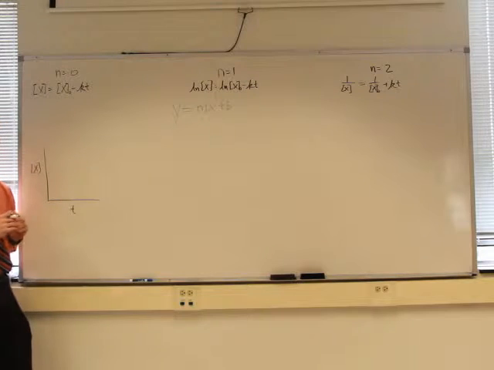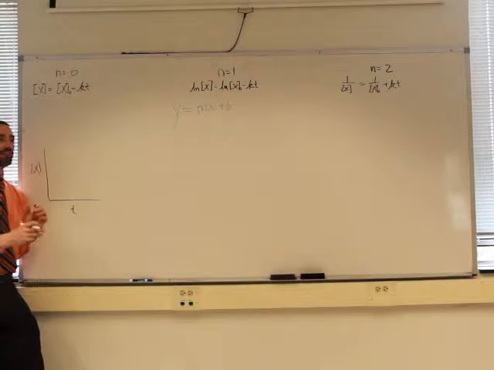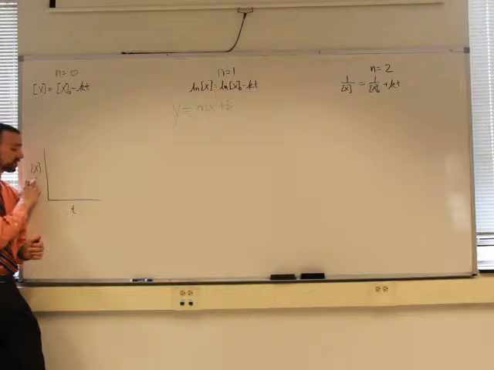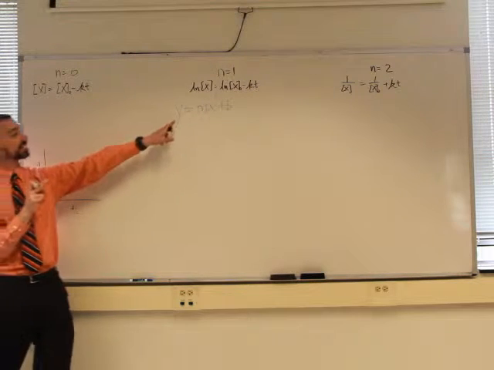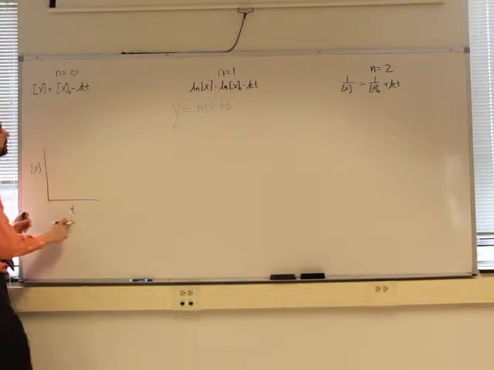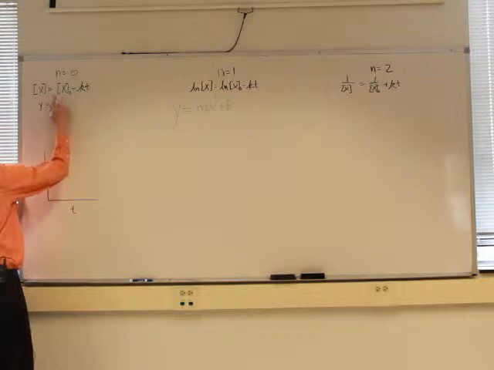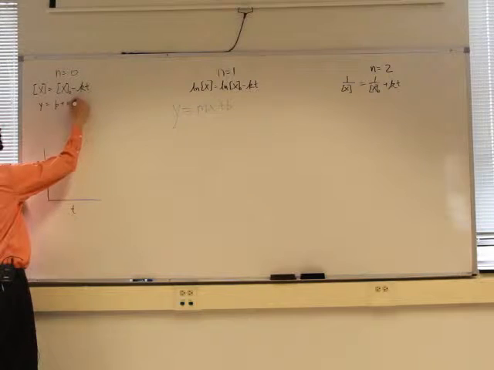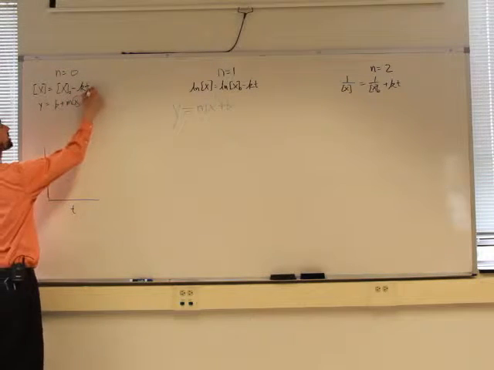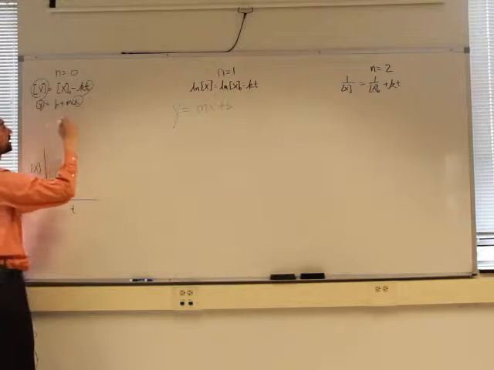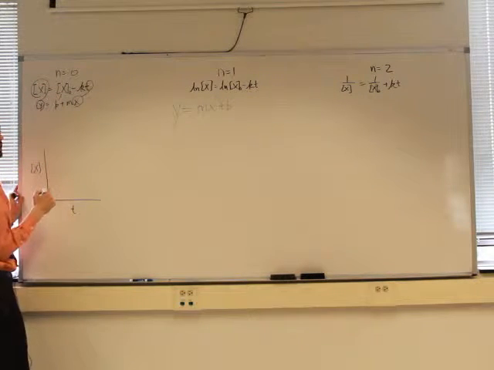So if you follow a reaction and follow the concentration of your reactants at a bunch of different times, and make a graph of concentration on the y-axis versus time on the x-axis, can you see that your x variable is time, your y variable is your concentration, b is the initial amount.